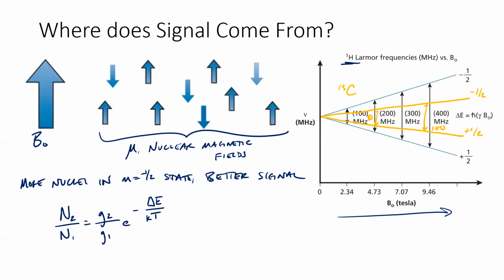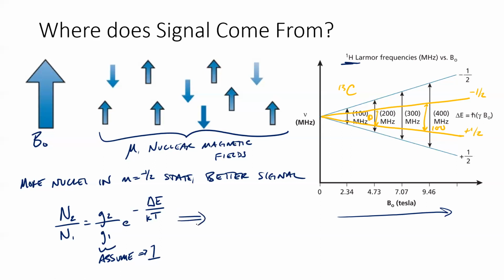Now, we know by now that we have a different way of writing delta E for this nuclear system. Again, we assume that these degeneracies are 1. So that falls out.